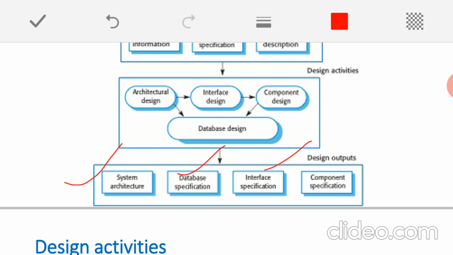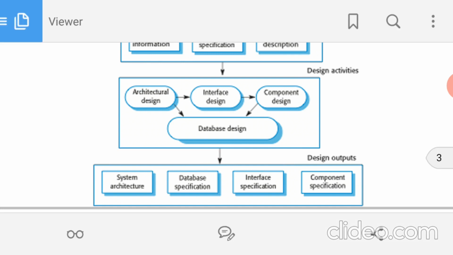If you consider any software as a system, it's a combination of multiple components, and how these components are going to be interfaced. To make that interface, the requirements which are needed are the interface specification, and then also the component specification. Every component itself has some sort of requirements to be fulfilled. That is the component specification. These are the outputs normally we are going to come across.